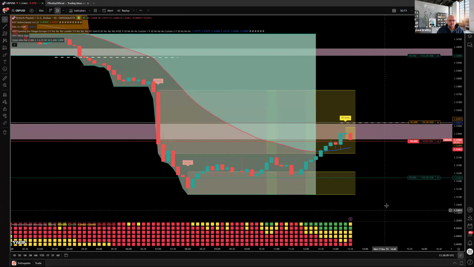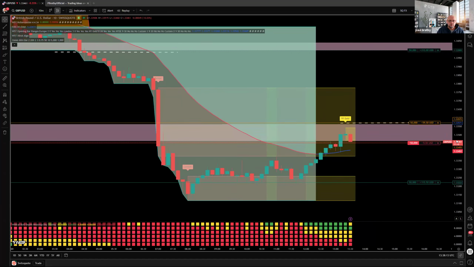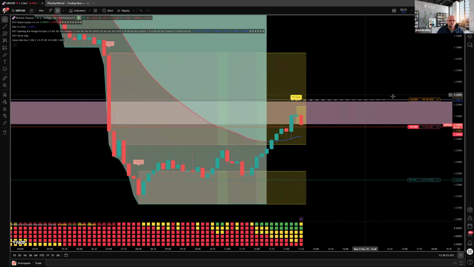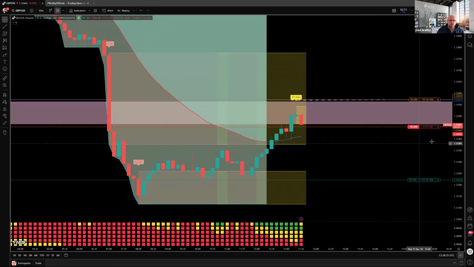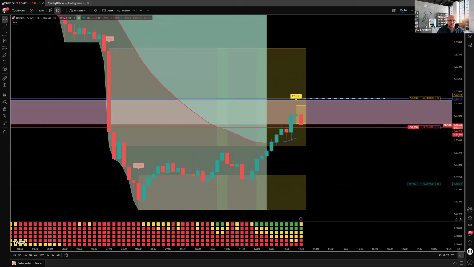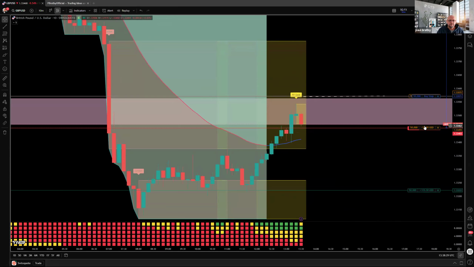Ooh, we're close, we're close to that short. We're in the short of GBP US dollar because of the spread.